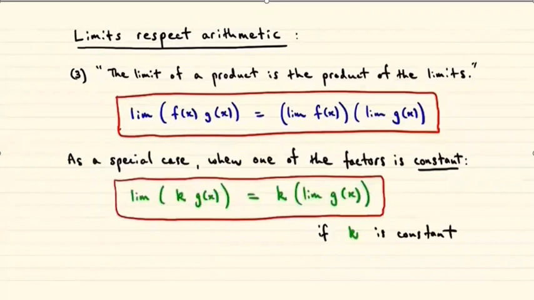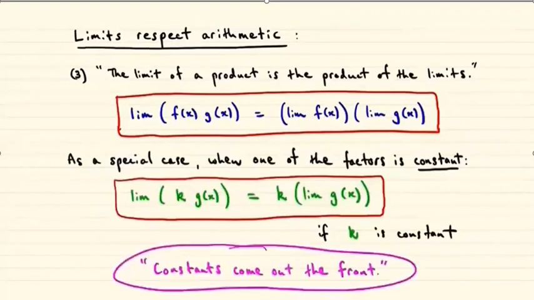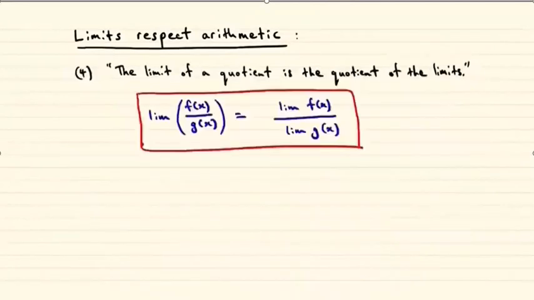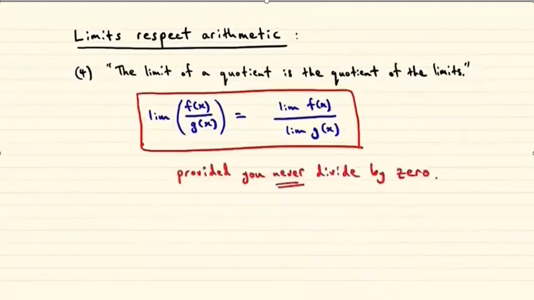We often say constants come out the front. The fourth law says that the limit of a quotient is the quotient of the limits, provided, of course, that the denominator is not zero.